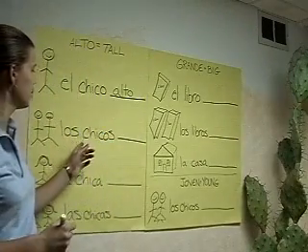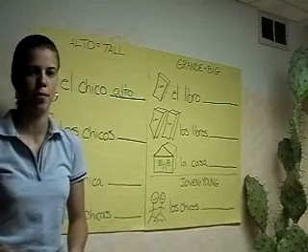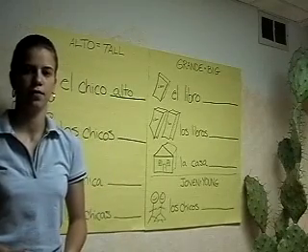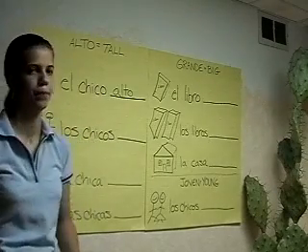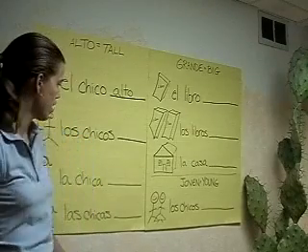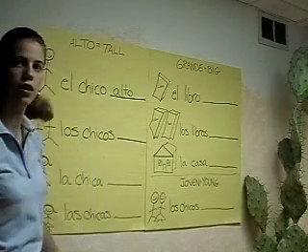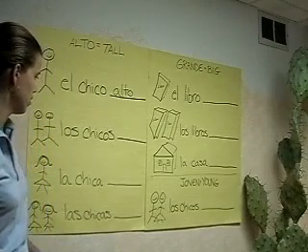In our next example, we have los chicos. First, is it masculine or feminine? It's masculine. Good. Again, ends in an O, and we have los, which is the masculine article. Is it singular or plural? It's plural. And how do we know that? Because the noun is plural, ends in an S, and so is the definite article.